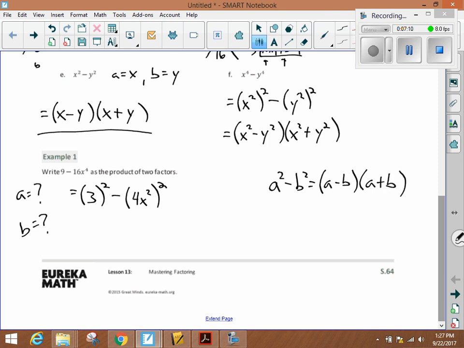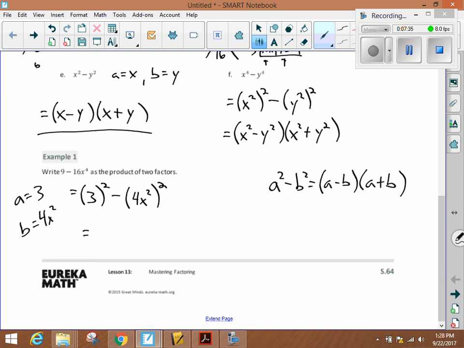We'll just plug a and b in there because now we know that a is 3 and b is going to be 4x squared. So a is 3. And b is 4x squared.